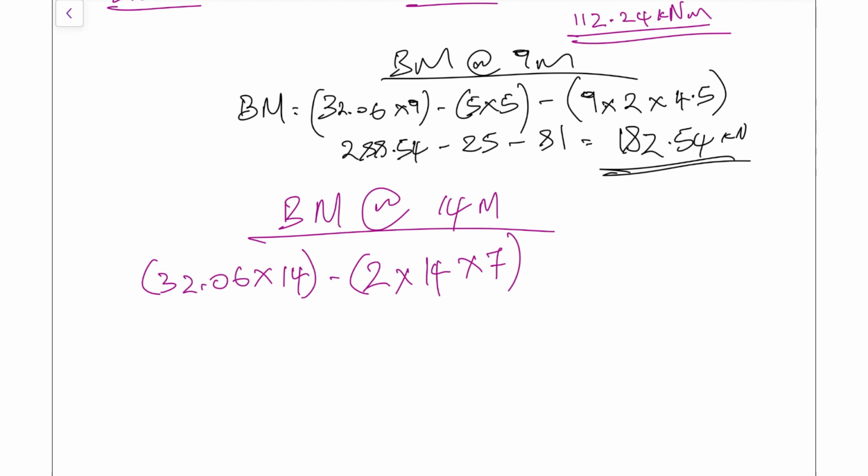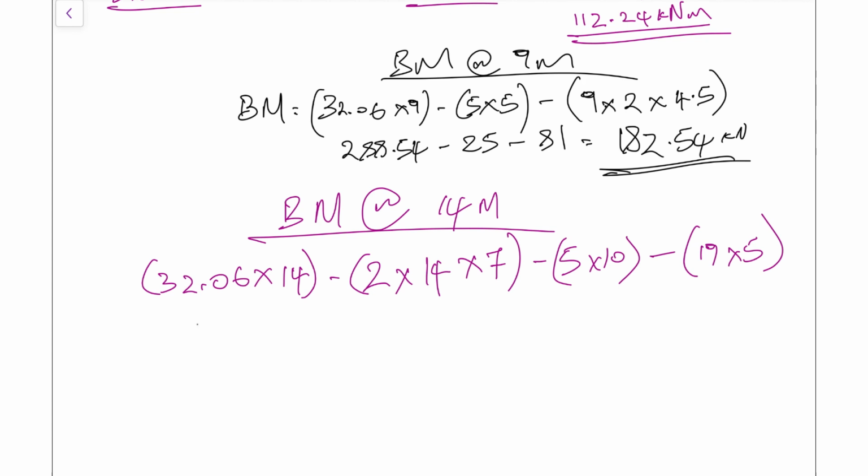And then we just go across now to the next few loads. So the next one would be that 5 kilonewtons, and it would be at the 10 meter mark. And then the next one would be that 19 kilonewtons, and it would be at the 5 meter mark. And all we have to do is work these out.